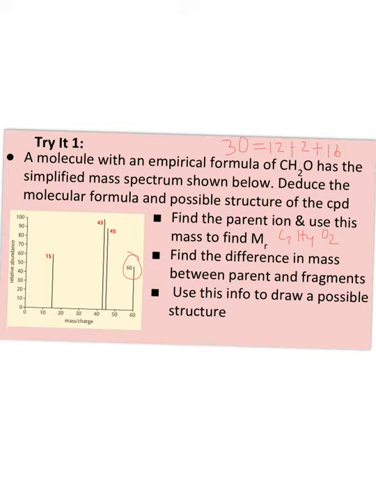Then I find the difference in mass between the parent and fragments to help me come up with the possible structure. I have a mass of 45, which means 15 broke off. If 15 broke off, that would be a CH3 group. If a CH3 group broke off, that would leave me a CHO2 group for the 45, because I'm looking at this molecular formula.